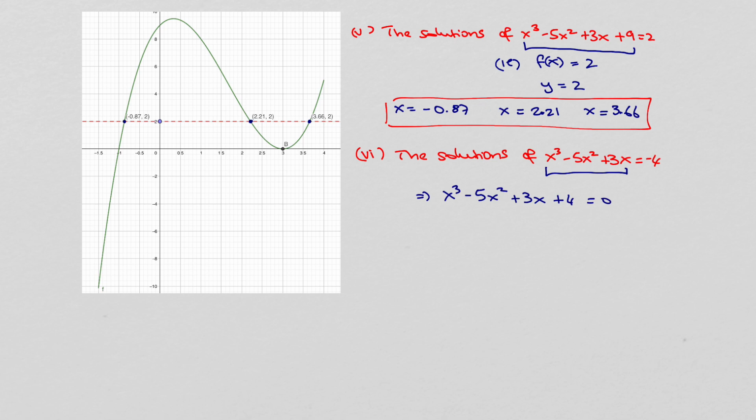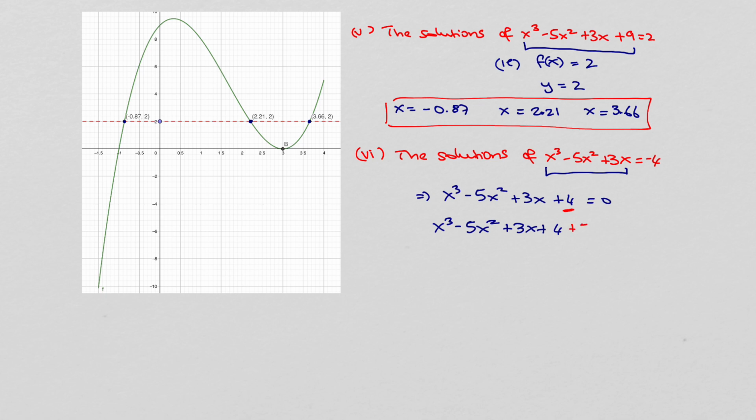So it's still not the function I have. My function is x cubed minus 5x squared plus 3x plus 9. So in order for me to make this plus 4 become a plus 9, what I'd have to do is add 5 to it. But of course, mathematically, I know if I add 5 to that, then I'll have changed my function.